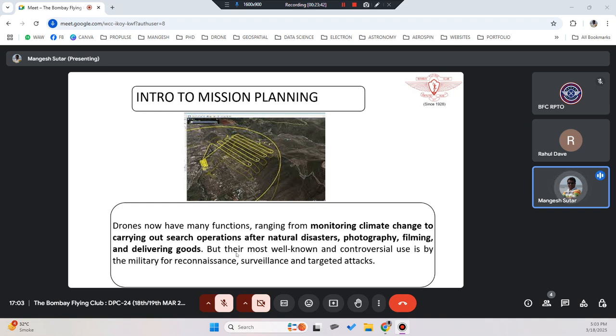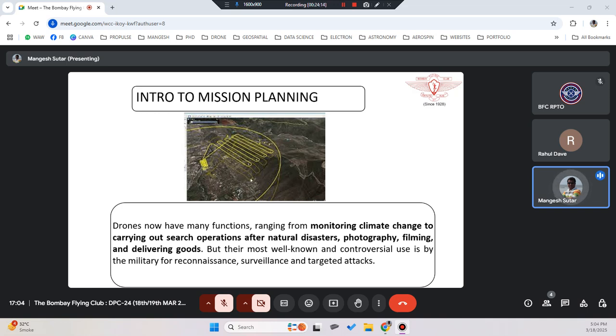But their most well-known and controversial use is for the military. Initially, if you see the history of drones, the unmanned aircraft was more or less used for reconnaissance, surveillance, or targeted attacks only. After the first aircraft was flown by the Wright brothers and development happened, Nikola Tesla showed that using a radio-controlled signal, you can remotely control a boat in water.